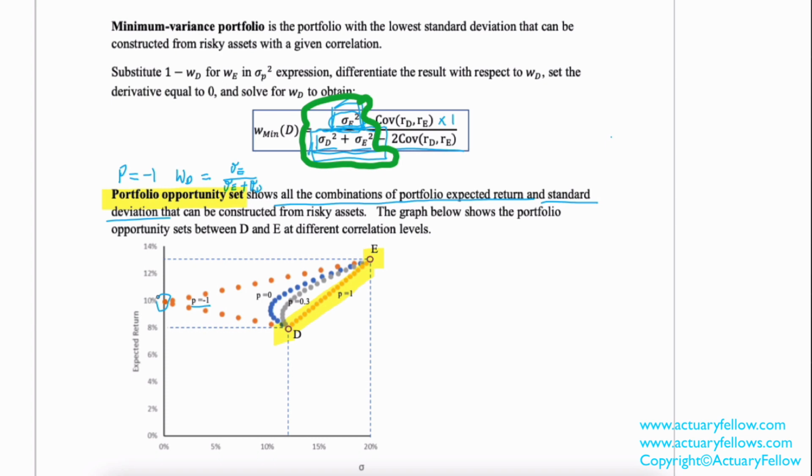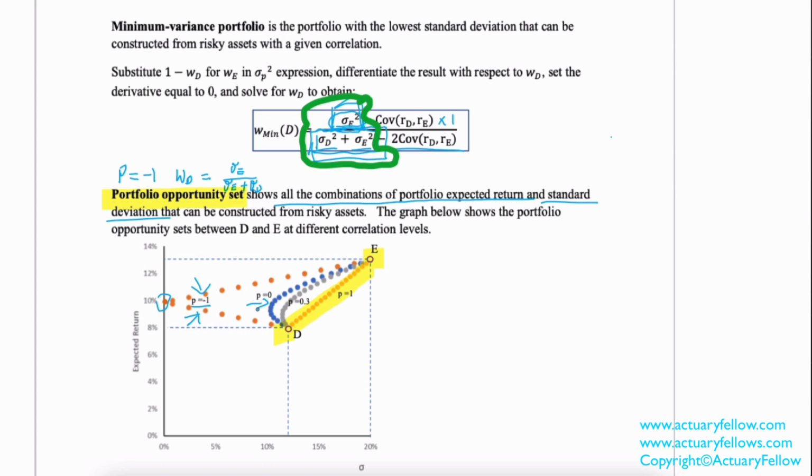That's the orange line. For correlation closer to -1, the shape of the curve looks more like the orange line. For example, for correlation equal to 0, the opportunity set is represented by the blue line. It looks like the squeezed version of the orange line.